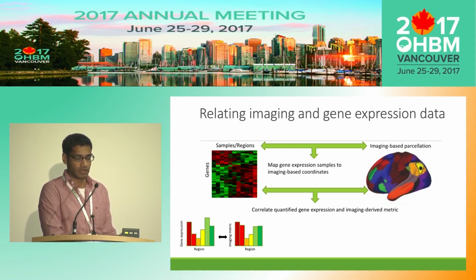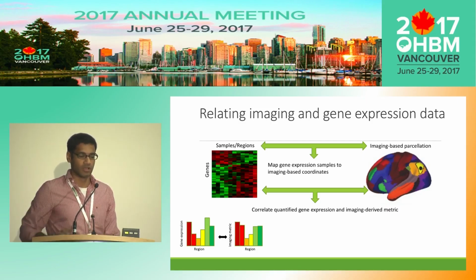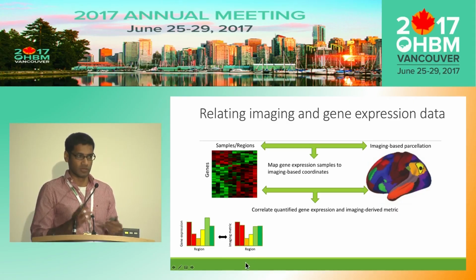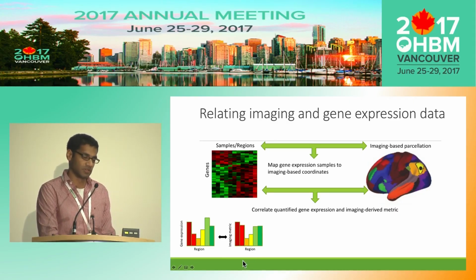So one is on the lower left, as you can see, the gene expression data for a single gene will vary over the different regions that you've sampled. And so if you want to do a direct correlation, you need an imaging metric that also varies among the regions that you've sampled. So you can define an imaging metric. We'll look at one specific example of this. And then you can do a direct relationship. Correlation is probably the simplest measure to try and identify on a gene-by-gene basis which genes seem to have significant correlation with your imaging-based metric.